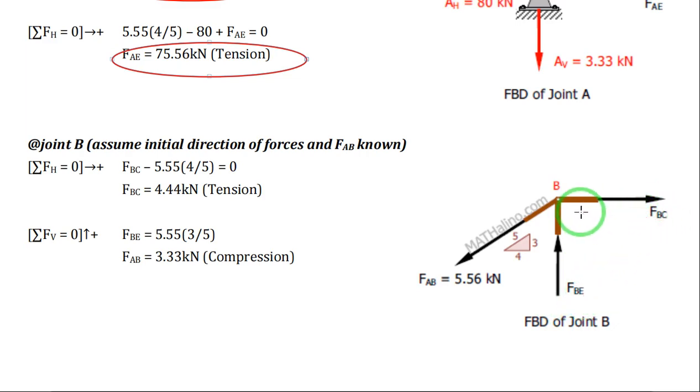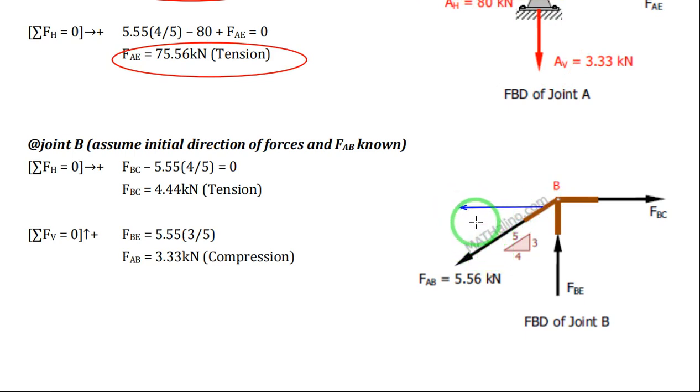Here we have assumed that the direction of FBC is going to the right while FBE is in compression. So FBC is tension, FBE is in compression. Applying the summation of forces along the horizontal equals 0.